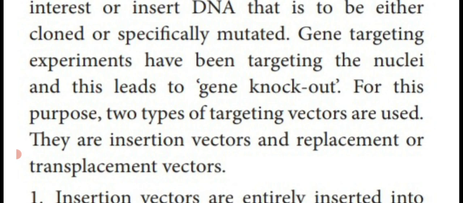One is the insertion vector. That means we are inserting the DNA with the gene knockout, that is the target gene. Another vector is the replacement vector. These are the two vectors used in the target gene effect process.